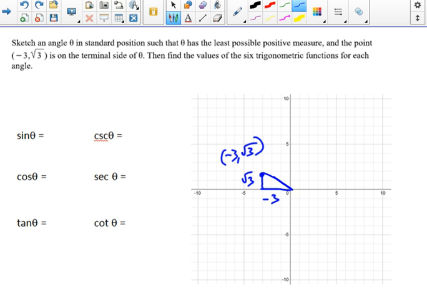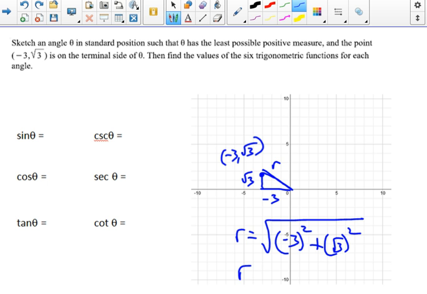I need the r. Well, the r is going to be the square root of negative 3 squared, but the negative really doesn't make a difference because I'm going to square it anyway, so it's going to disappear, plus the square root of 3 squared. So that's going to be r equals the square root of 9 plus 3. Squaring the square root gets rid of that, so we get 9 plus 3 is 12.